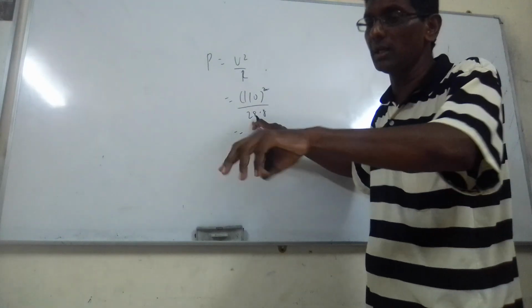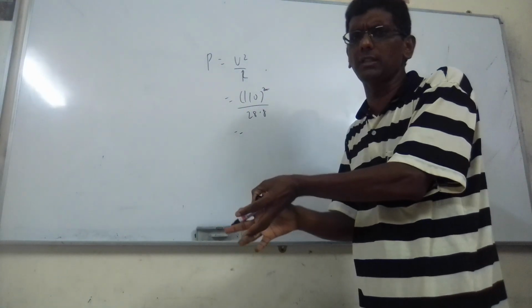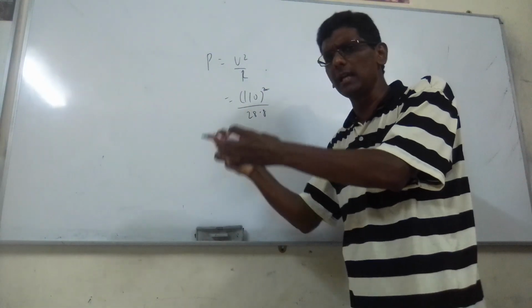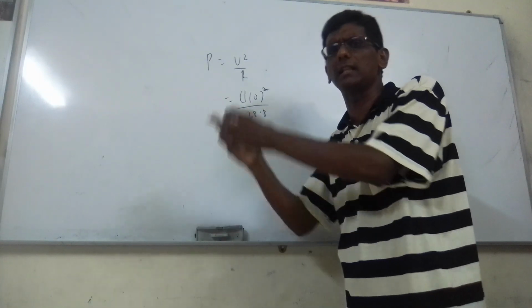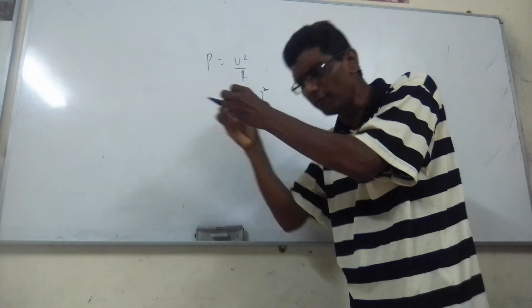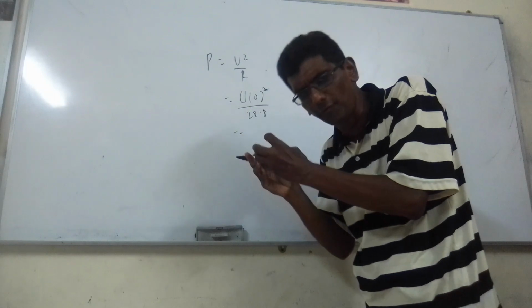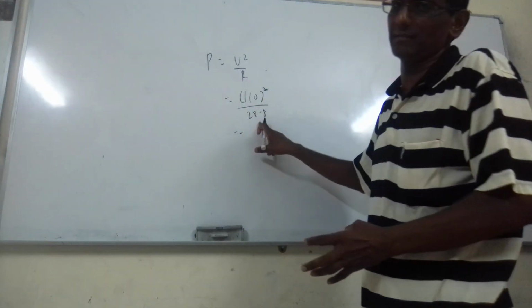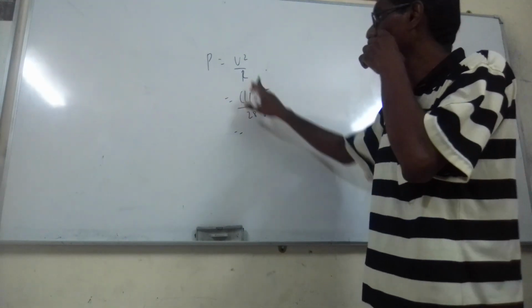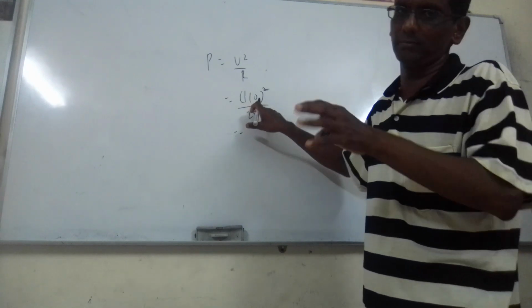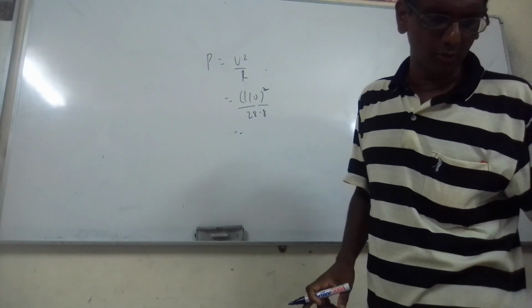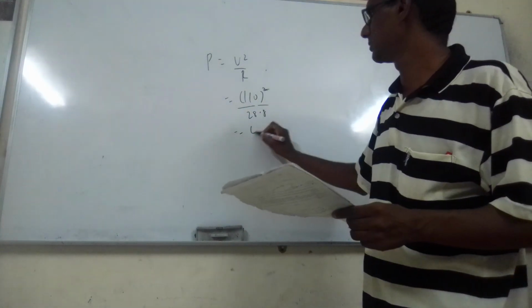Whatever the voltage, the power will change, but the resistance of the equipment is fixed in the factory. So the fixed resistance is 28.8, and the resistance cannot change. So under 120 volt, the power is 500 watt.